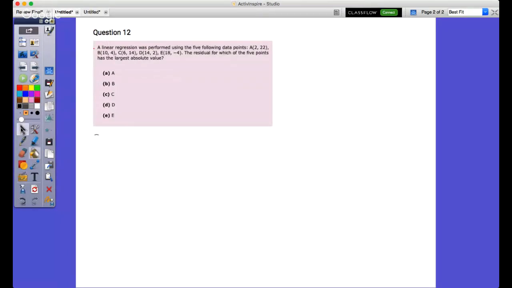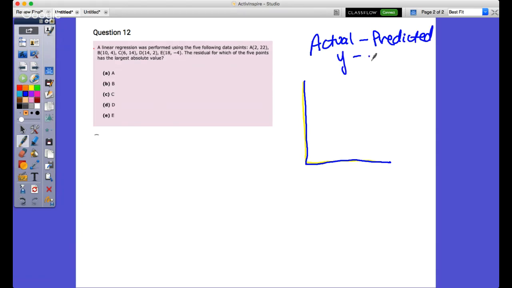This one says a linear regression was performed using the 5 following data points. The residual for which of the 5 points has the largest absolute value? First off, a residual by definition is the actual minus the predicted. So this would be y minus y hat, where y is the actual value and y hat is the predicted value.